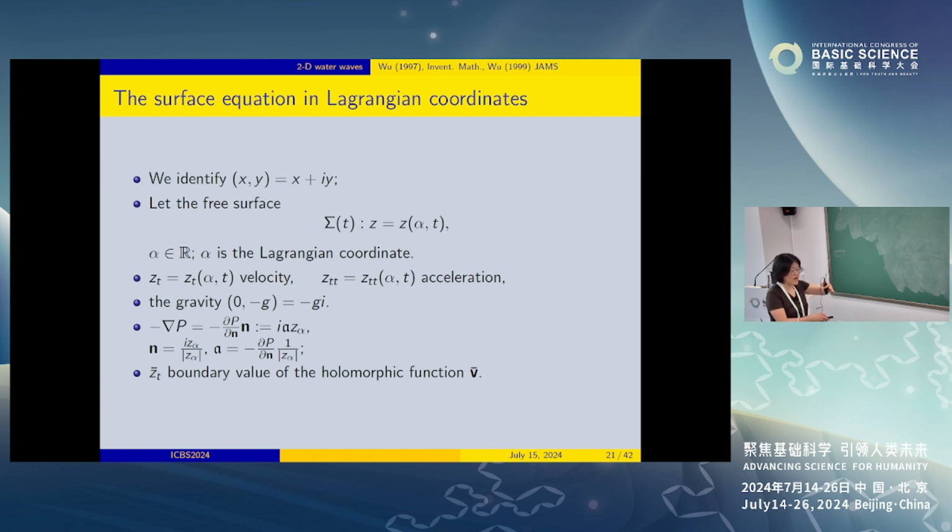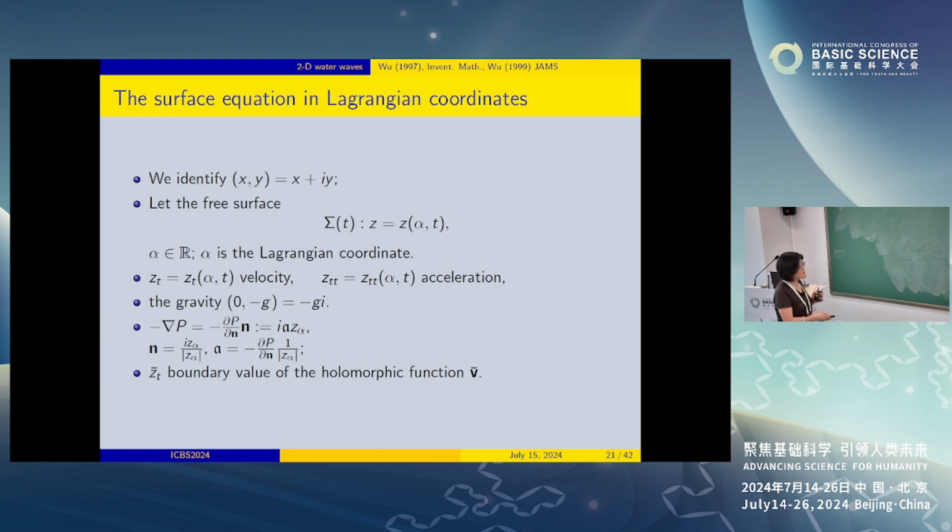You multiply by i, which turns the tangential vector 90 degrees to the normal. So i z_alpha is a normal vector, and dividing by its length gives the unit normal. Using this equation, you can figure out this little a is just negative dp/dn over 1 over |z_alpha|. These are just notation.